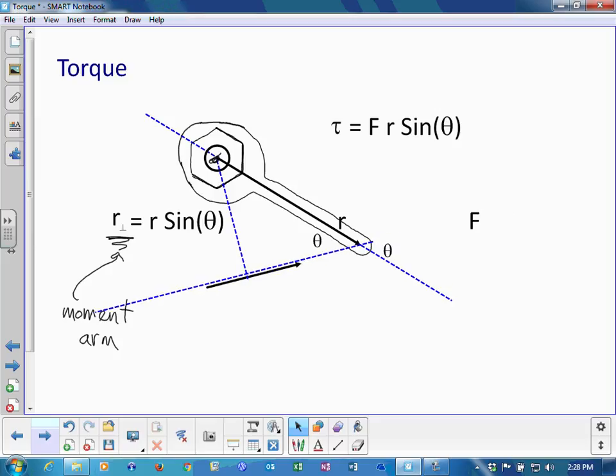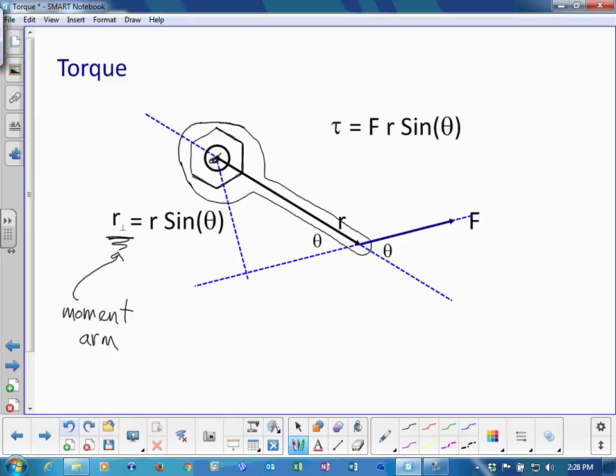It acts along this line right here. It's applied at that point on the wrench, but we can say that this is the line of action of our force, and this is the perpendicular distance. That's perpendicular. That's the angle theta, and so this r perpendicular is the perpendicular distance from the pivot point to the line of action of the force.